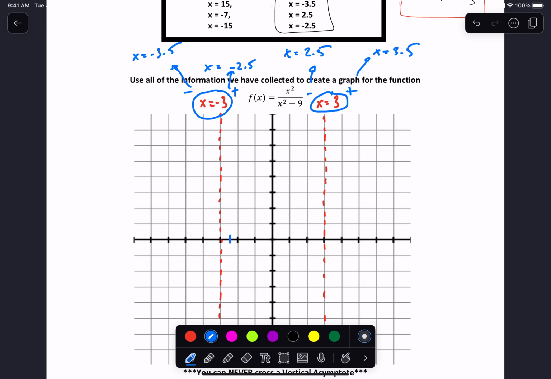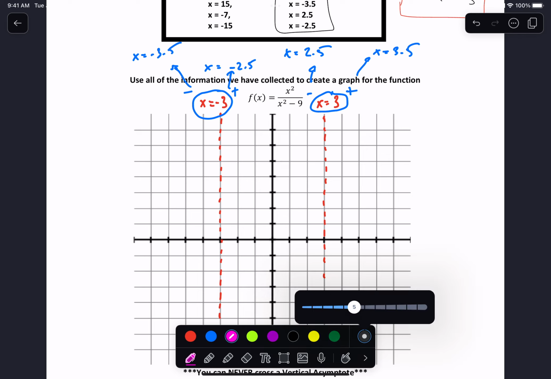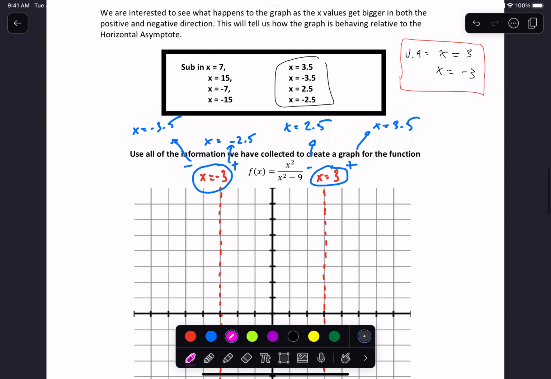Okay, now let's also plot our horizontal asymptote. Where was the horizontal asymptote? Can you remind me? Yes, the horizontal asymptote. What's the equation of a horizontal asymptote? Just remind me.